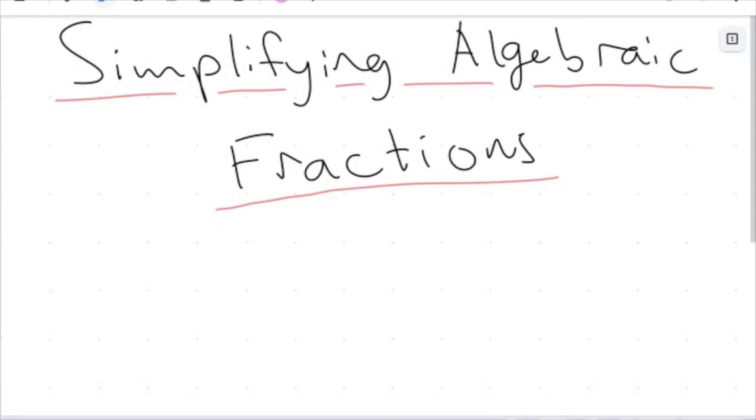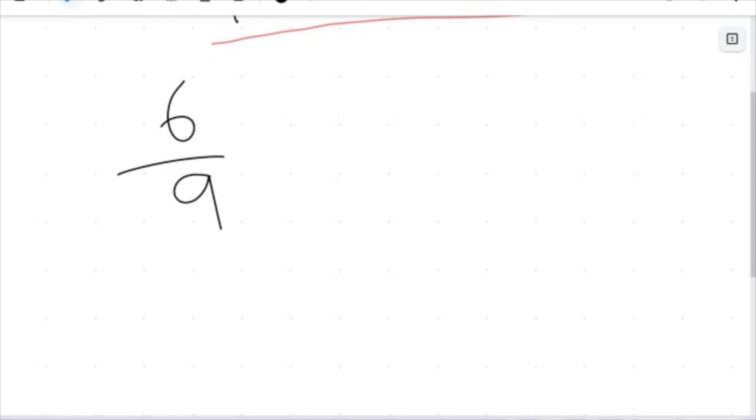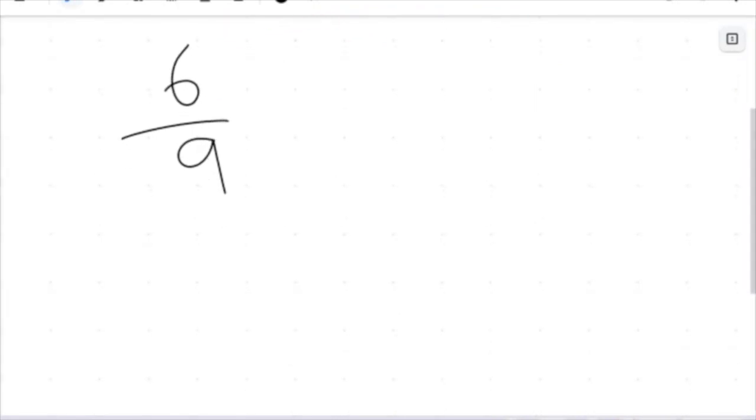Now, we're going to start off by looking at a quick video on simplification. So let's think back to when we would simplify fractions back in year 7. What we do here is I have this 6/9 fraction here, and what we wanted to do was find a common factor, a number that goes into both top and bottom here.